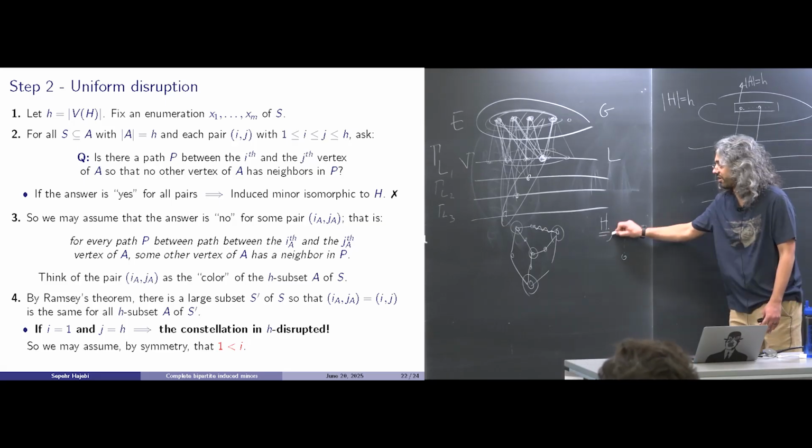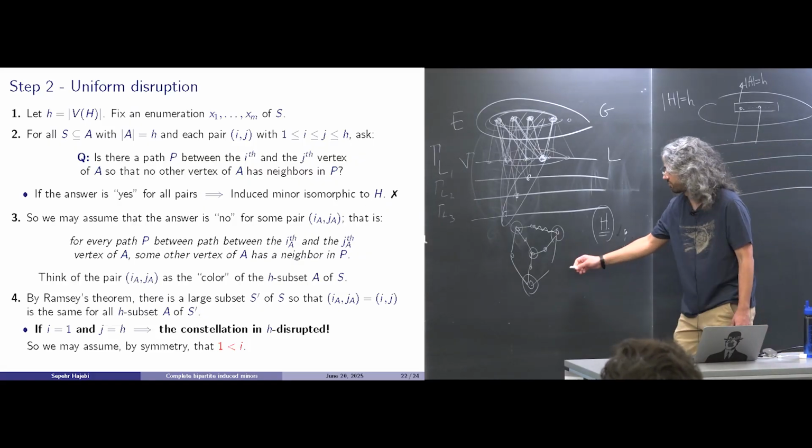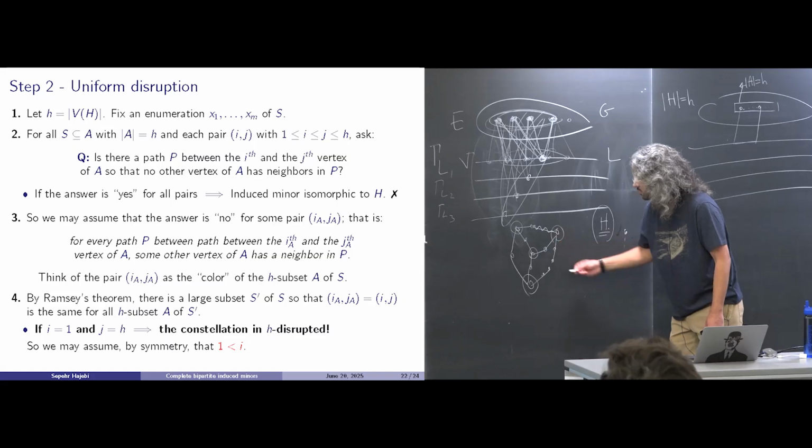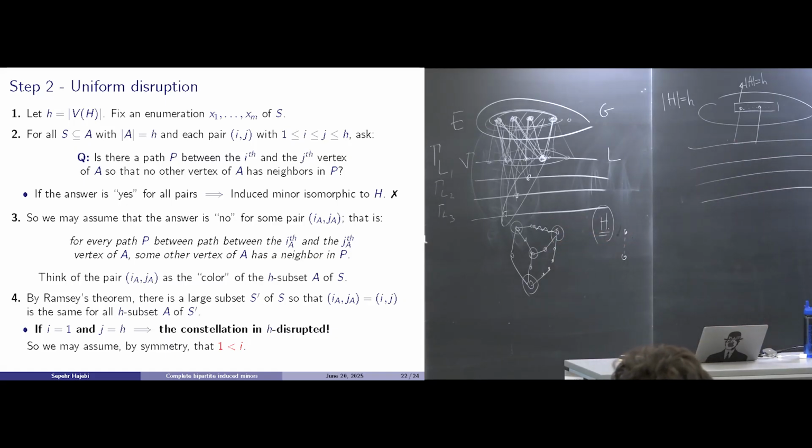This means I can get to my graph H as an induced minor, same as in here. The only difference is that it might be a bigger subdivision, but it doesn't matter. I'm either contracting edges or removing vertices. So for this set A, the answer is going to be no for some pair of positions between 1 up to h.